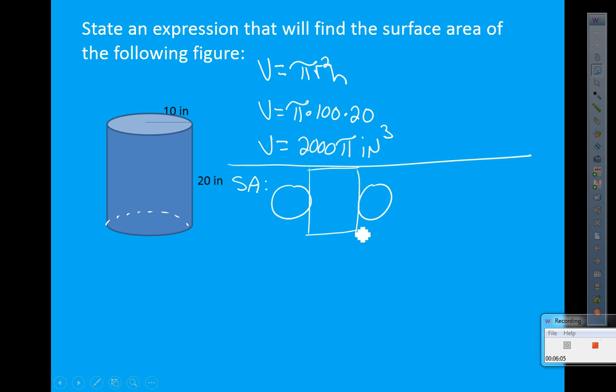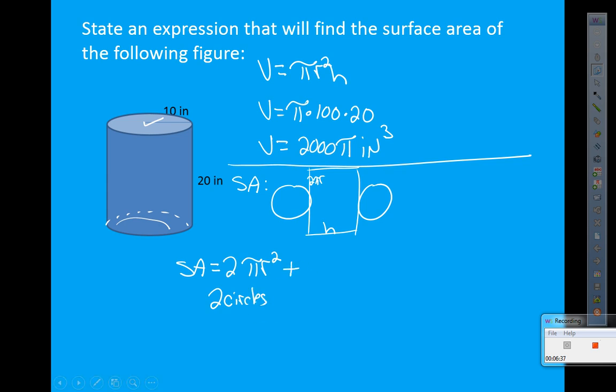This rectangle has a length of the circumference of a circle, which is 2 pi r, and a height of h. So here's a formula for the surface area of a cylinder. I've got the area of the base, and I've got two of them, so I've got 2 pi r squared. That takes care of the two circles.